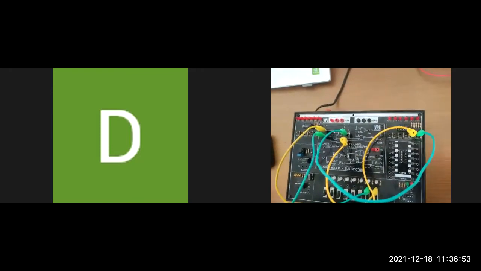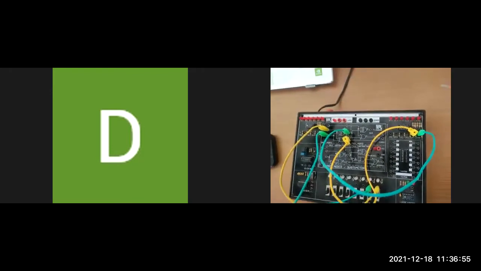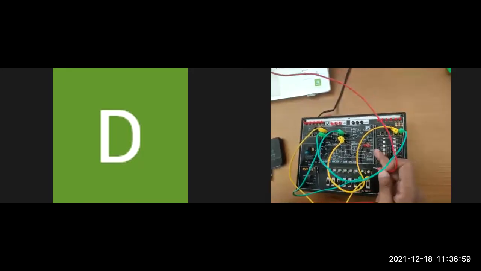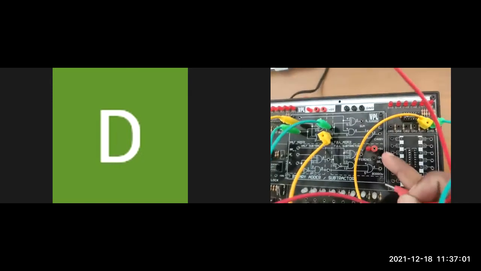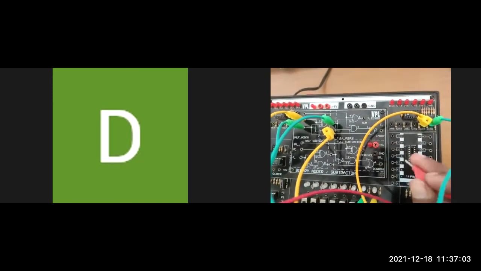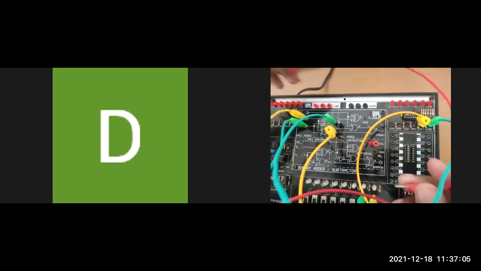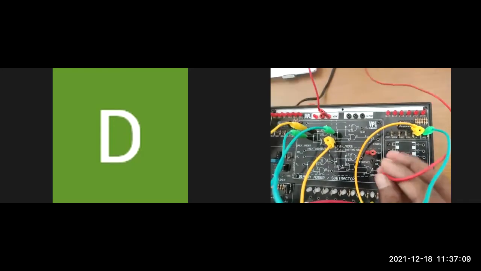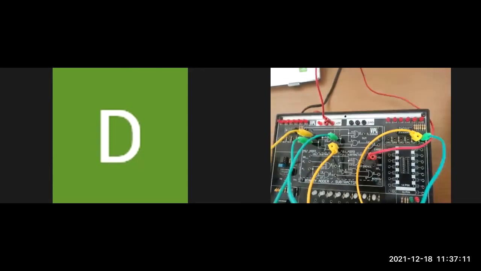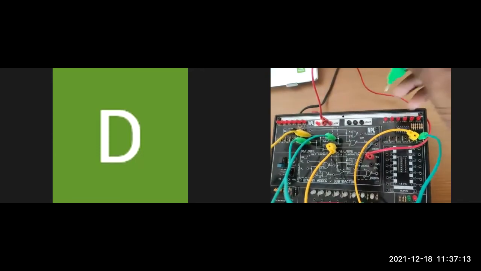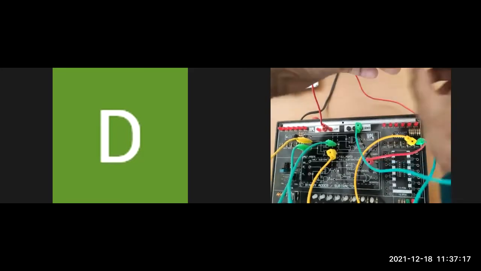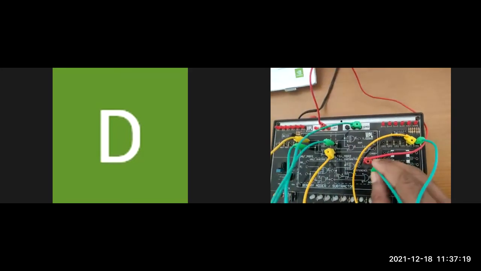Now one thing, the VCC and ground. Here you can see this is the VCC and this is the ground. This VCC is connected with this VCC, and the ground is connected with this ground.